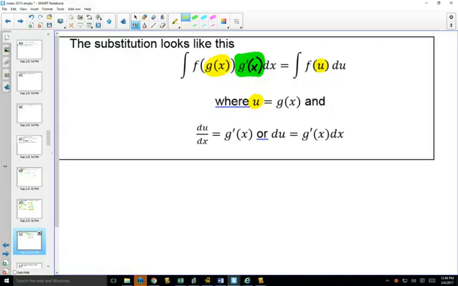And instead of writing our outside function, our derivative there with a dx, we're going to write du instead.